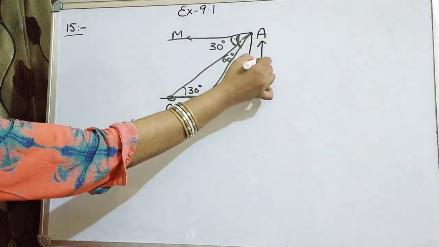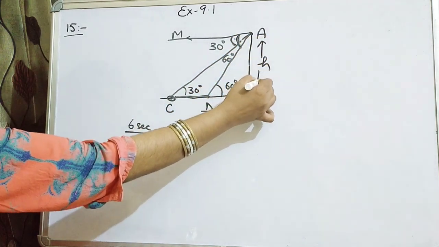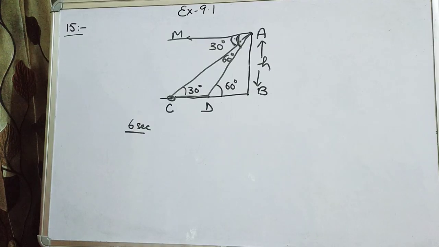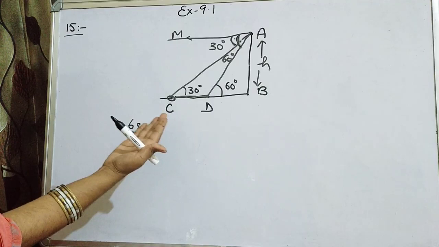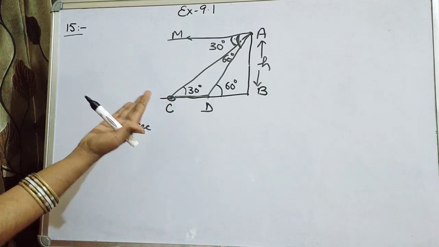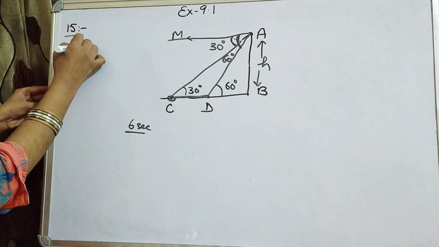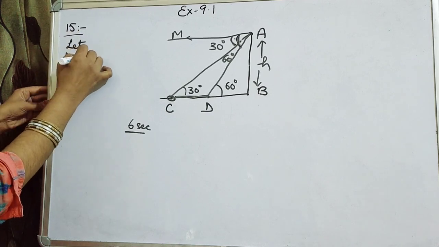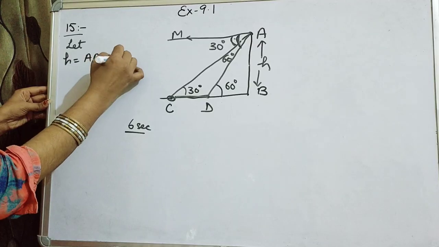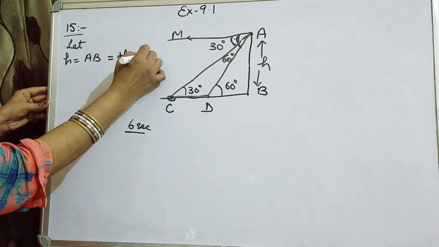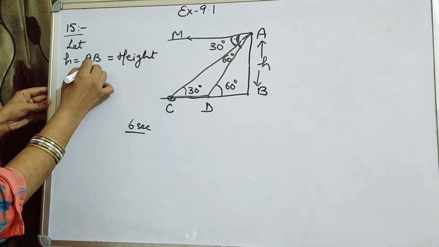And let us suppose that the height of the tower is H, and we also have to suppose the speed of the car, which is uniform. That's why we can suppose it as a variable here. So let H equal AB equal the height of the tower.